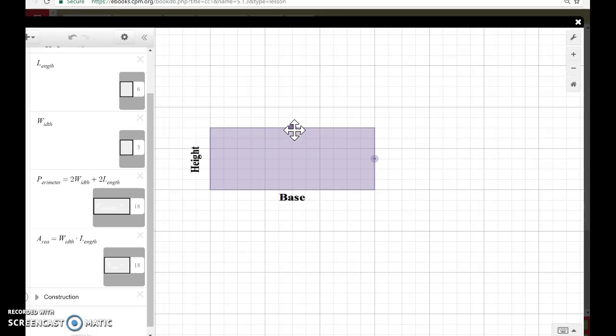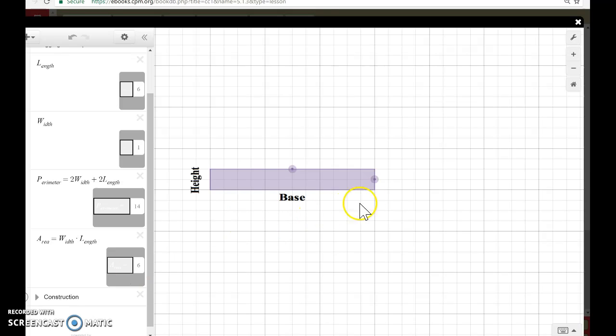If I play around with this, and I make this guy a nice long skinny guy here, the perimeter is still quite large. The perimeter is at 14 and the area decreased drastically. Let's move this out now, and you're going to start to see that as we're getting the area closer back up to 18, this guy goes way up, way past 18 here.